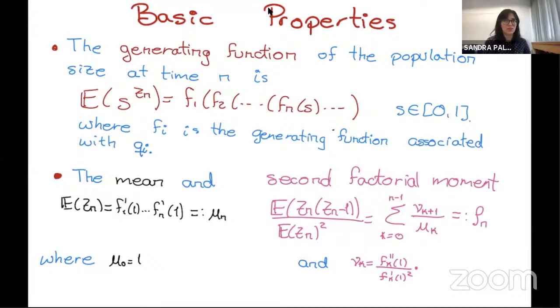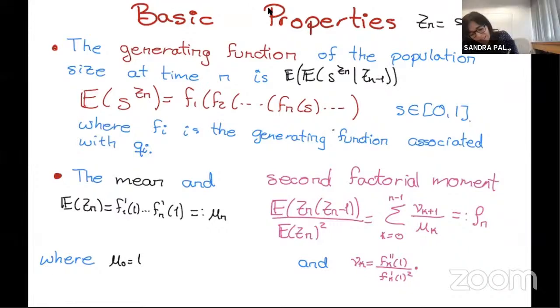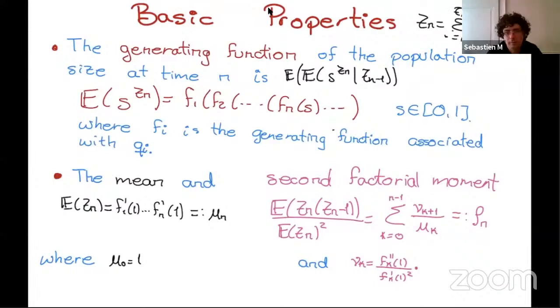I think that no. How do you obtain this one? Maybe I can tell you. You just condition on the previous value, and remember that your Z_n is the sum of these X items.